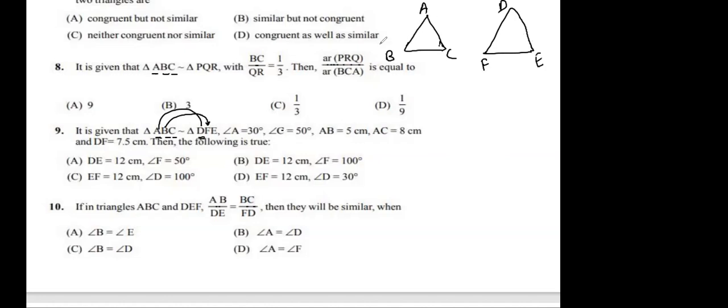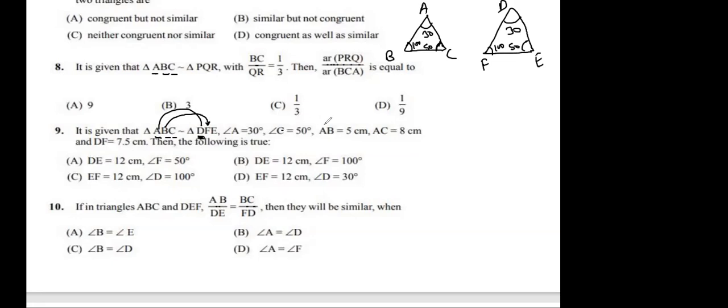So if angle A is equal to 30, then D will be equal to 30. And B is equal to F, and if C is equal to 50, here in place of C we have angle E, so we have to write here this is 50 and this will be 100, this will also be 100.